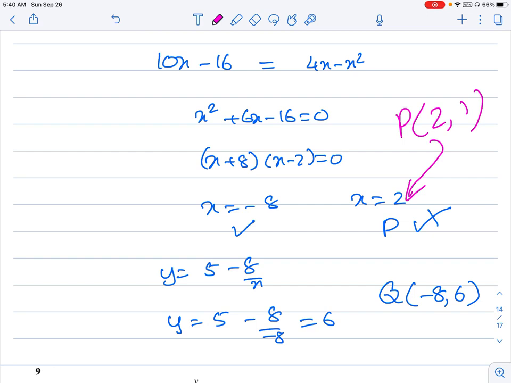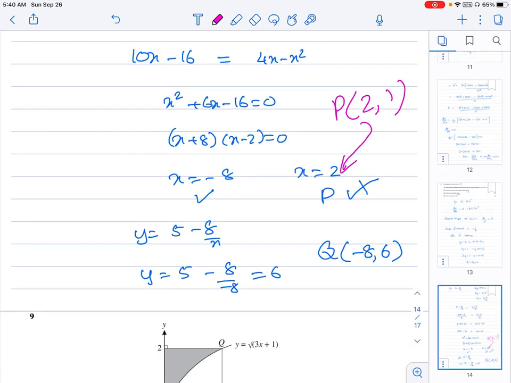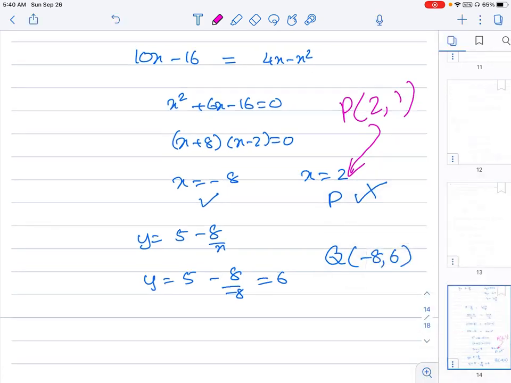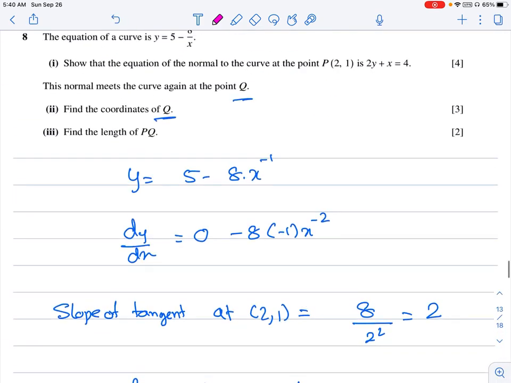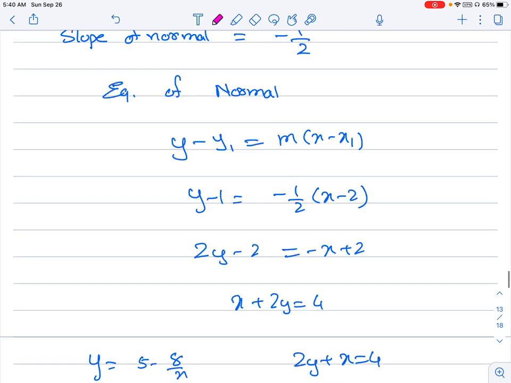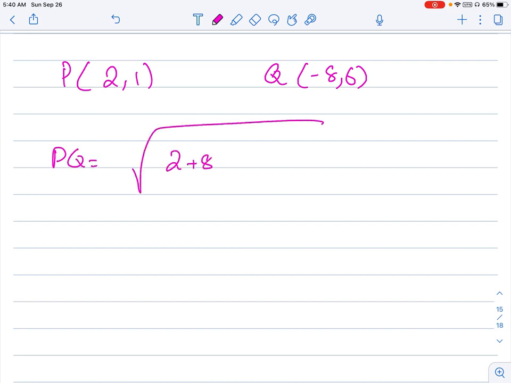That is Q. I quickly add one more page because I feel there is one more part of the question. It says find the length of PQ. Okay. So we know that P was (2, 1) and Q was (negative 8, 6). So I need to find the length from P to Q. So I use x2 minus x1 whole squared.